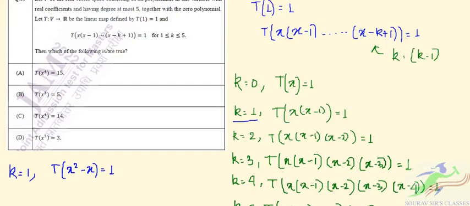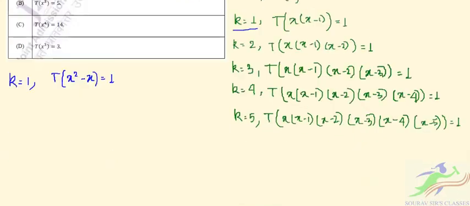So we can write it this way, T of x square minus T of x is equal to 1. So T of x square is equal to 2. T of x is 1, we know.